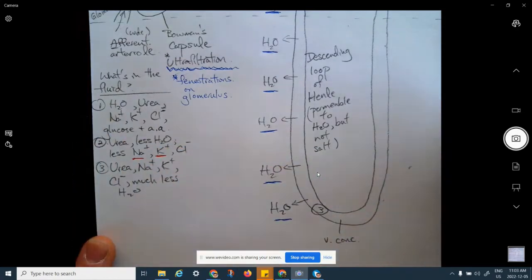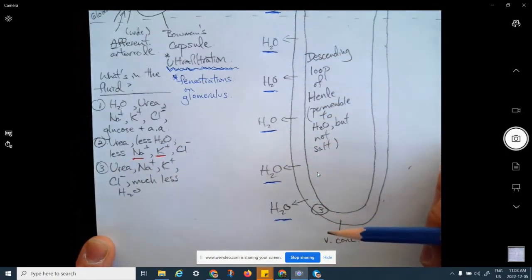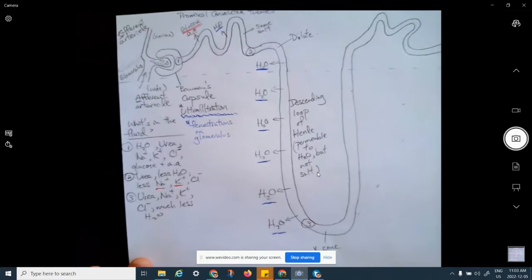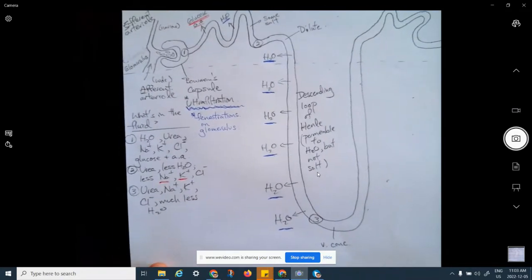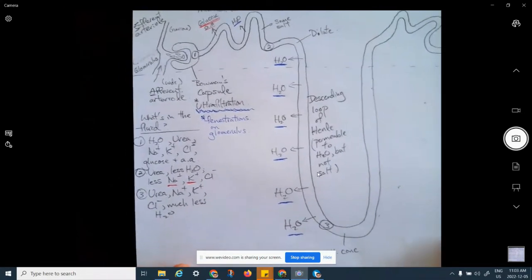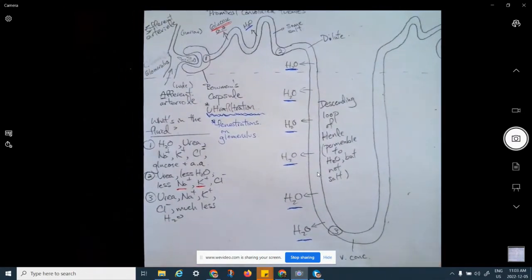Remember, all that water left the descending loop of Henle by passive transport because of the membrane. Okay, so at this point, I'm going to ask you to copy that down. So cortex is up there, medulla is down there. Also, again, let me know if you can't read some of my words or handwriting.